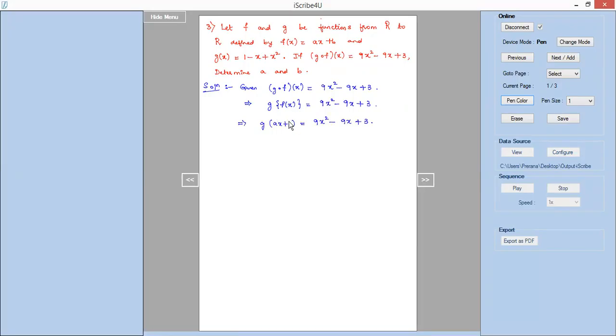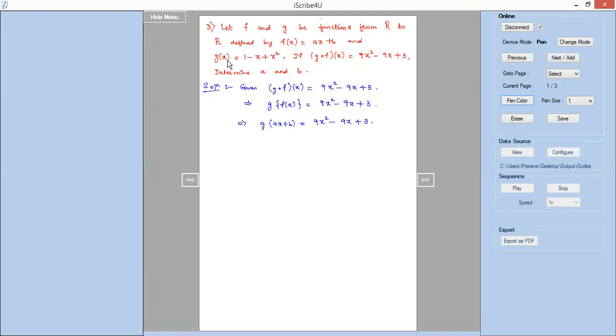So G of, I substituted for f of x as ax plus b. So G of ax plus b can be written as 9x square minus 9x plus 3. Now this is G function now for us. How is G function defined? G of x is defined as 1 minus x plus x square. So if you have x, you are writing it in the form 1 minus x plus x square. In place of x, I have ax plus b.